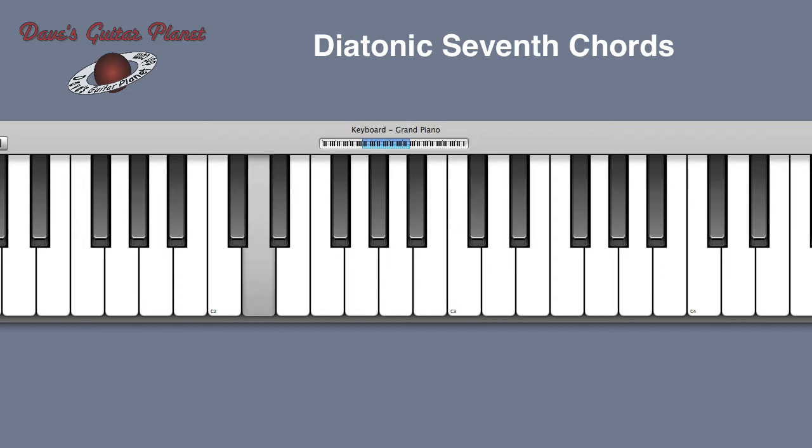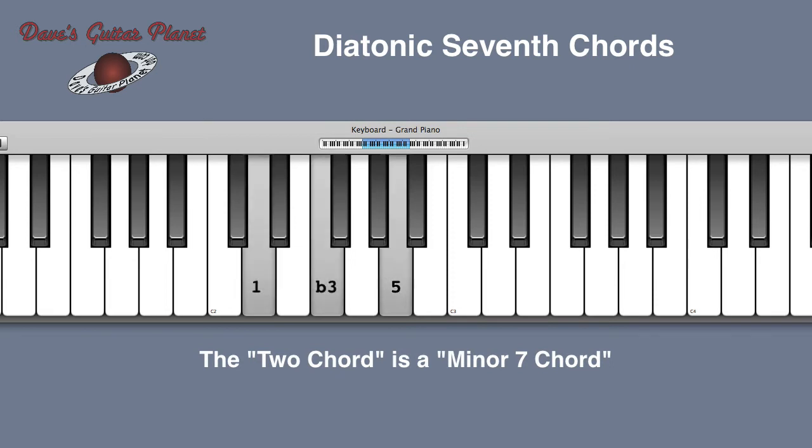Starting on D now, the second note of the C scale, the 2 chord. Well, we got a minor 7 chord. So the triad, of course, is minor, 1, flat 3, 5. And this 7 is the flat 7. If I were to play a D major scale, here would be the major 7, just a half step down from the root D. So we're going to take that down one more.